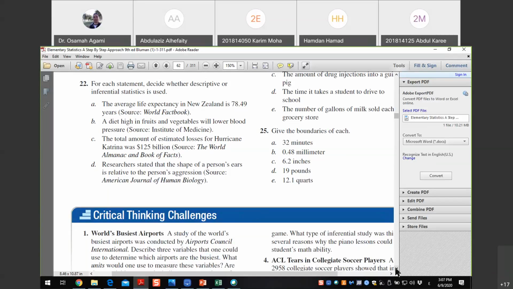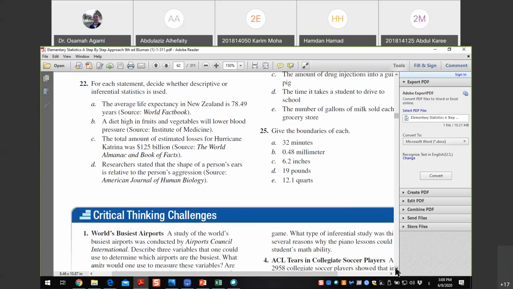Right. The total amount of estimated losses for Hurricane Katrina was 125 billion. Descriptive or inferential? Descriptive. Only descriptive because you're just collecting the data. Okay? Research stated that the shape of the person's ear is relative to the person's aggression.